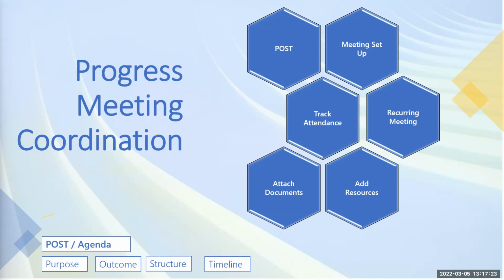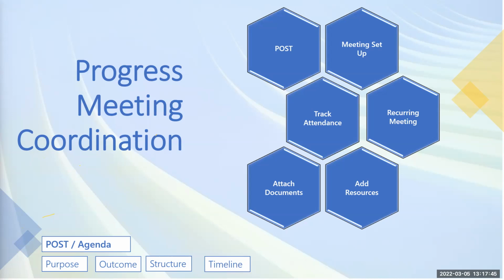I wanted to show how to do a recurrent meeting, but my Outlook wouldn't work. So you set it up in the form of a recurrent meeting so that it stays in people's calendars that this meeting is happening, and you already have a set agenda. So your agenda, purpose and outcome will always be the same.